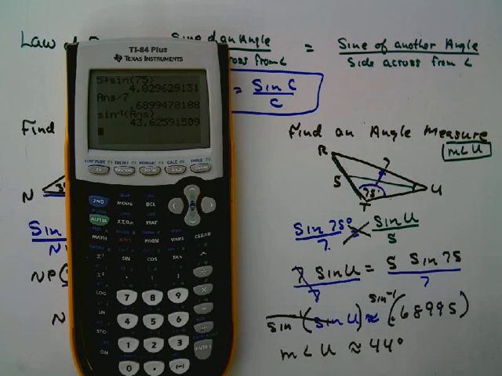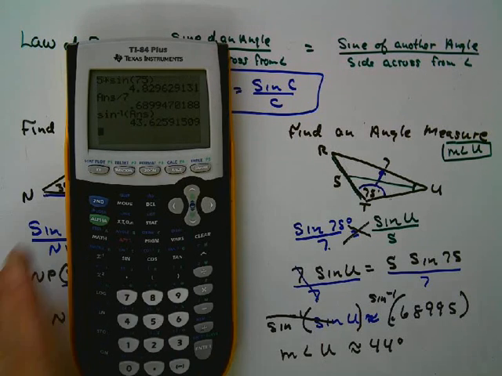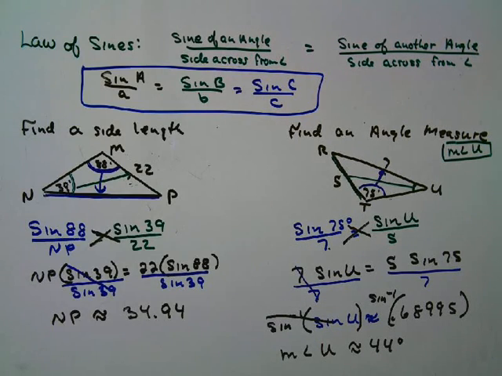Okay? So when you're doing this, in both cases, whether you're finding an angle measure or a side length, set up your proportion. The sine of the angle over the side across from it. Get two of them. Find your cross product. Divide by whatever you have to get your unknown quantity alone.